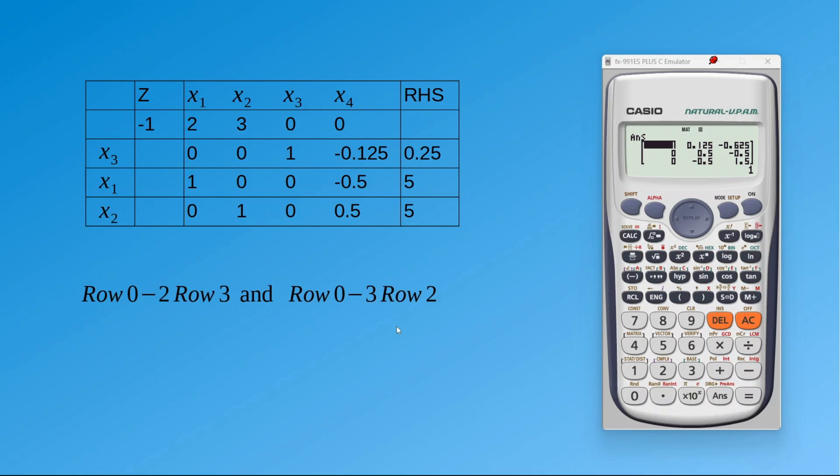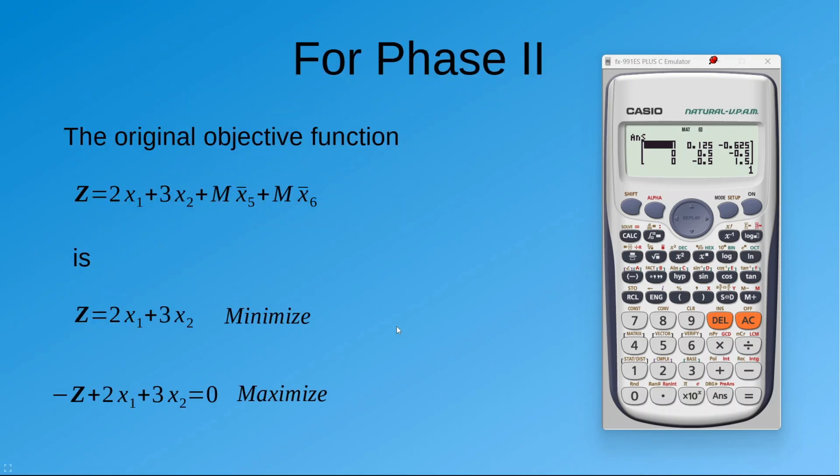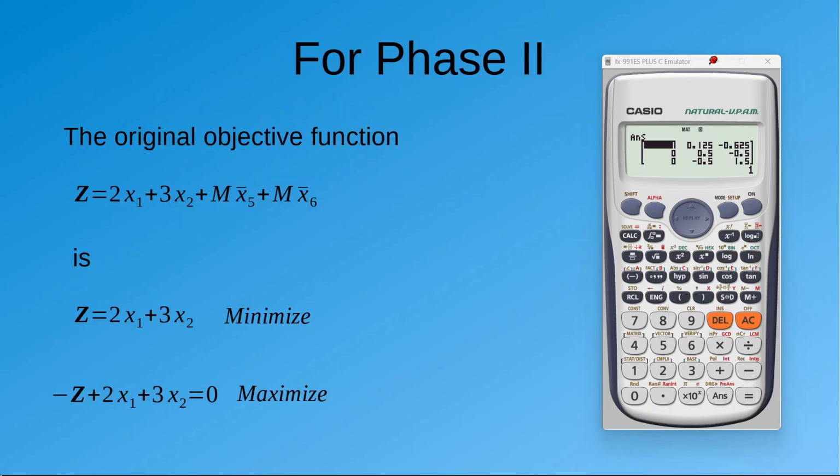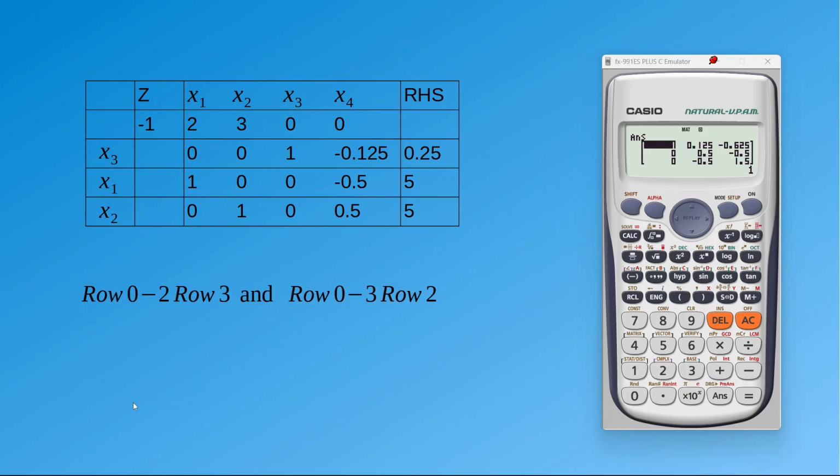So we prepare the simplex tableau. We copy the simplex tableau prepared here, but we drop x5 bar and x6 bar. And of course, we enter the coefficients of z, that's 2 and 3.